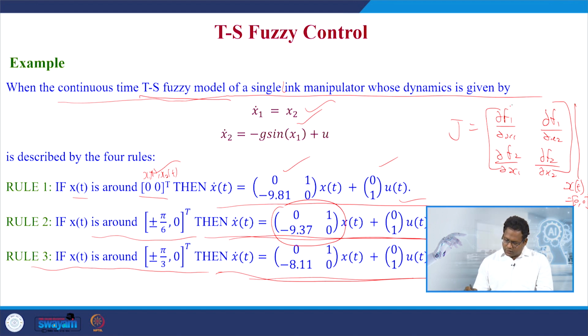With this, we get the Jacobian matrix, that comes to be the linearized matrix A for rule 1.